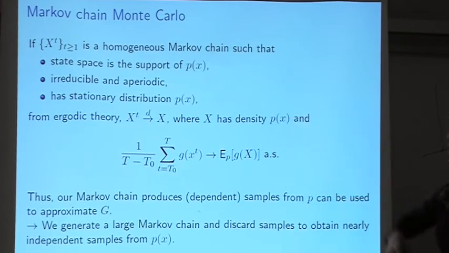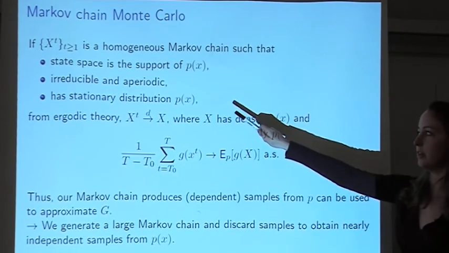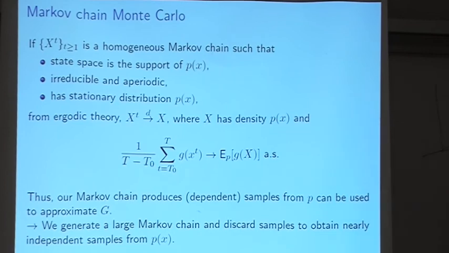Irreducible basically means that I can go from one state to another state in a finite number of moves with positive probability. And aperiodic means that I don't require some period of states in order to get to that state. And it has stationary distribution p of x. We just saw what that means.